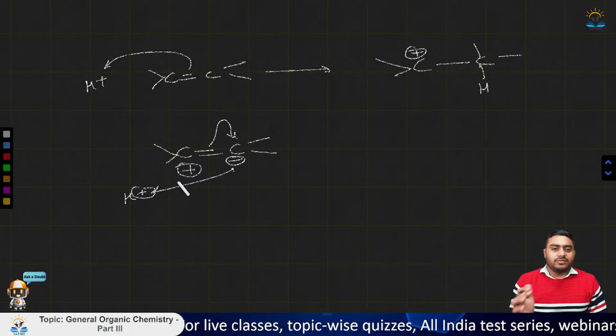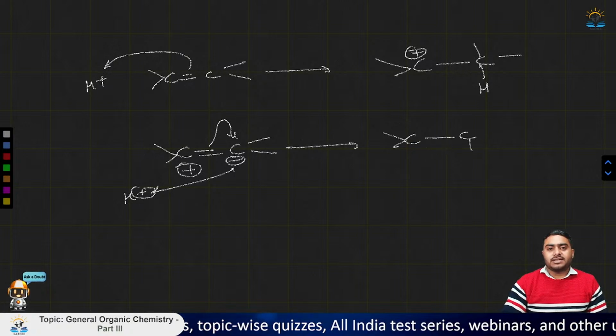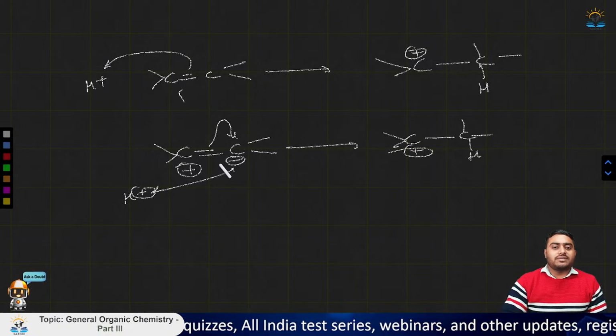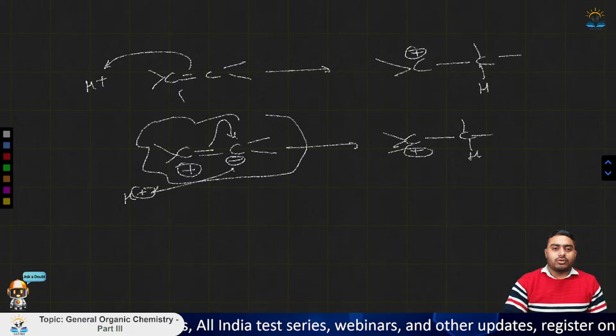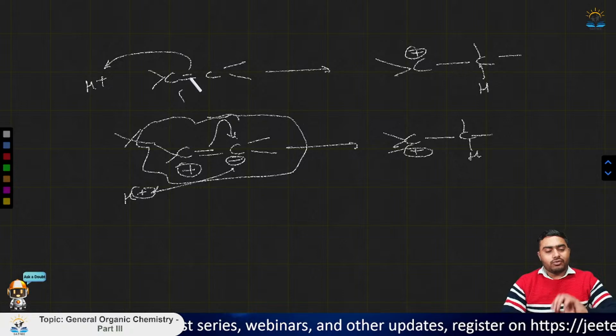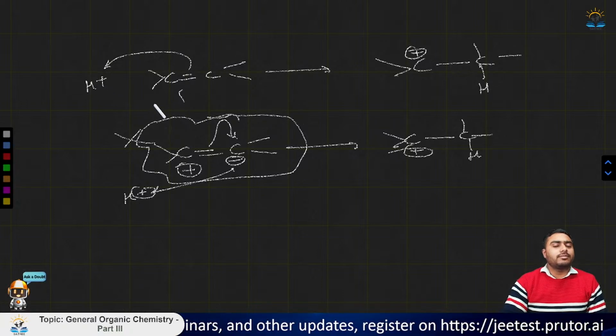It will attack and get attached like this, but we cannot always show it like this. Always we have to show the arrow from the double bond to the electrophile, like the double bond to H positive.